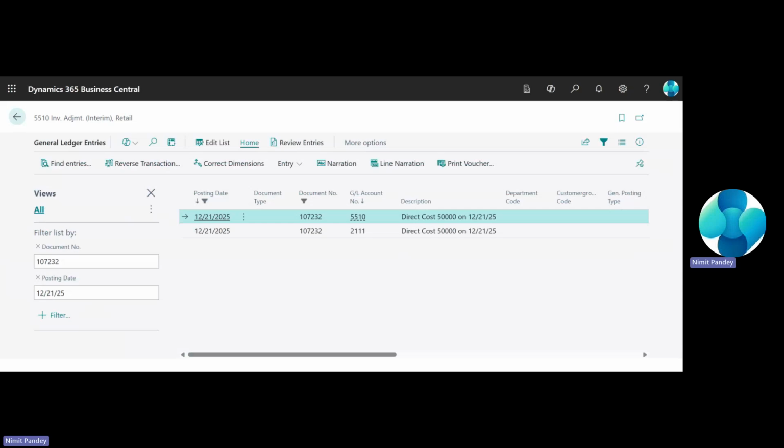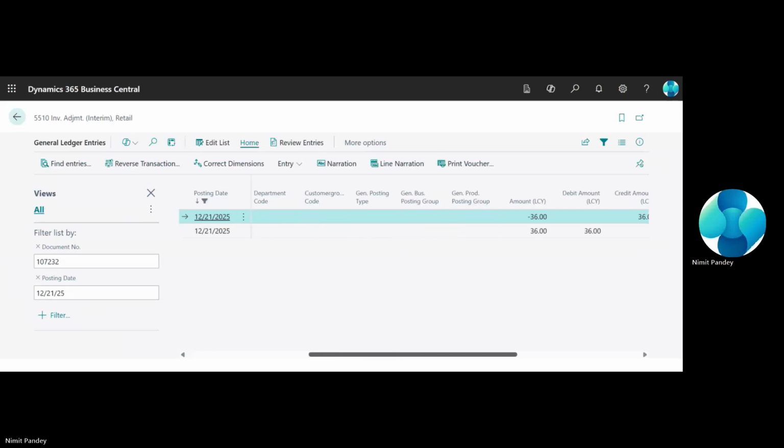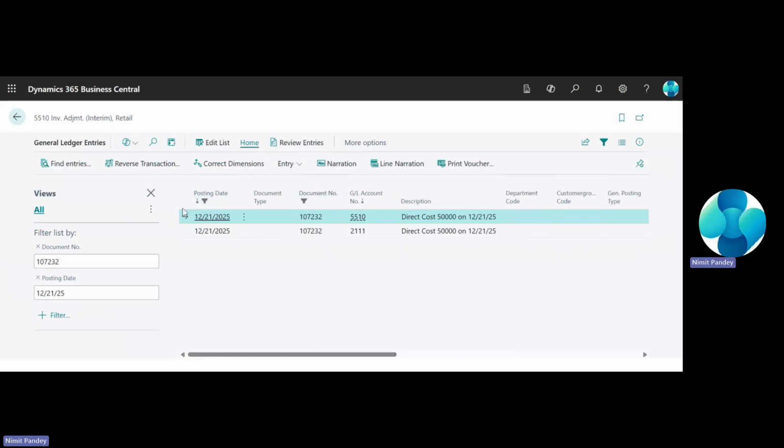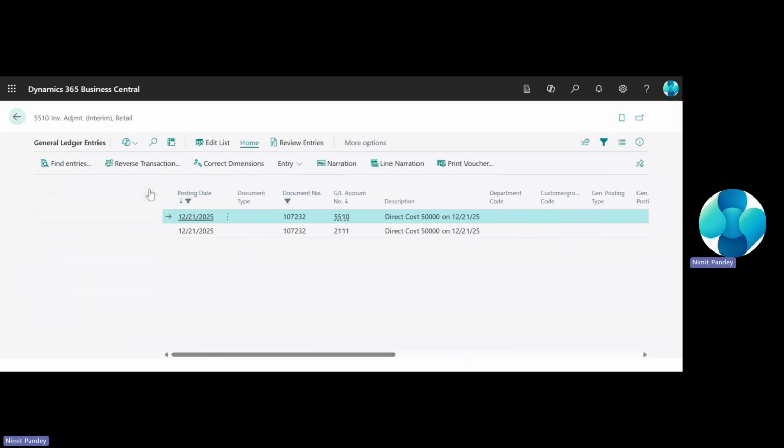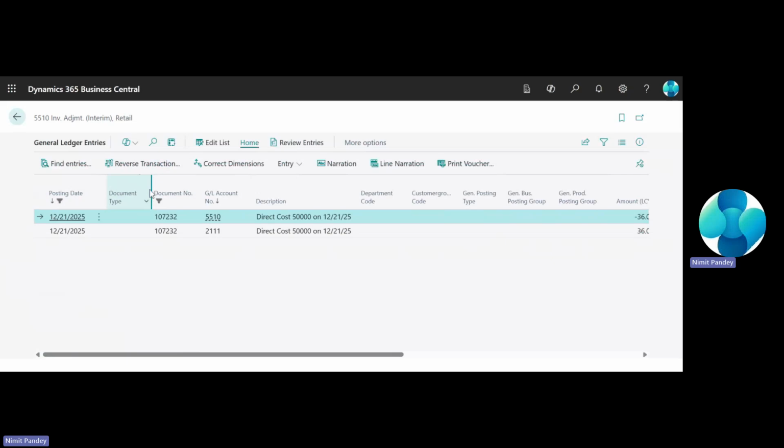From where does it come? The inventory account interim comes from inventory posting setup, and the inventory accrual account interim from general posting setup. Okay. When is it created? Only when the expected cost post to GL boolean is true in our inventory setup.